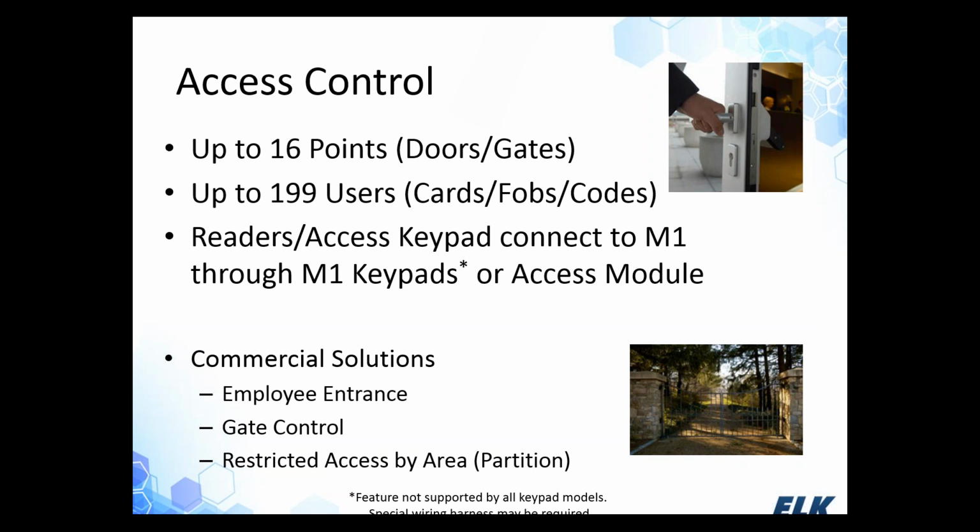This is for commercial solutions. You can use it for an employee entrance or a gate control, or maybe a tool bin, where they don't necessarily need a keypad and a code, regular ELK keypad. You can put a 26-bit prox reader there and have the M1 control access in and out of this restricted area, for instance.